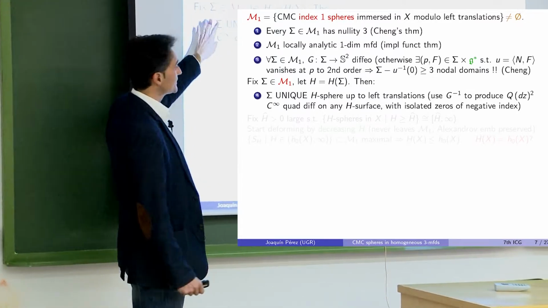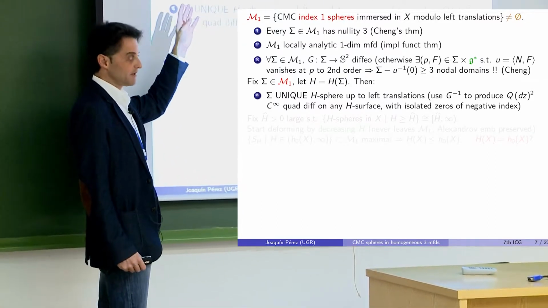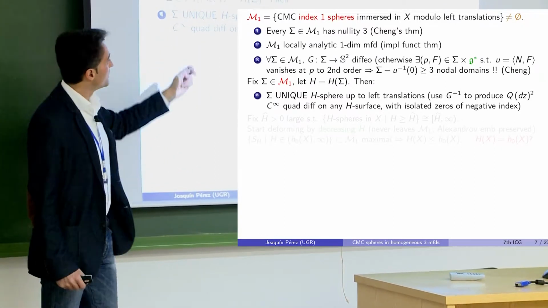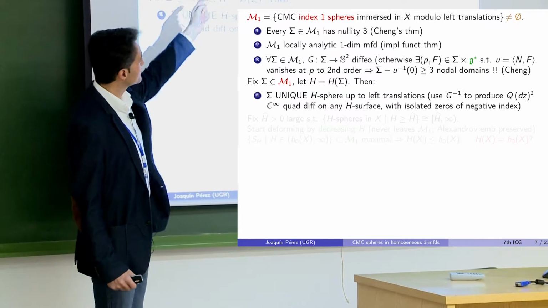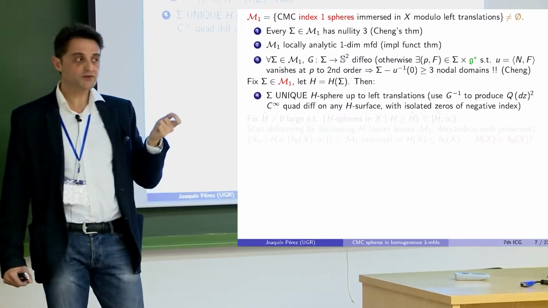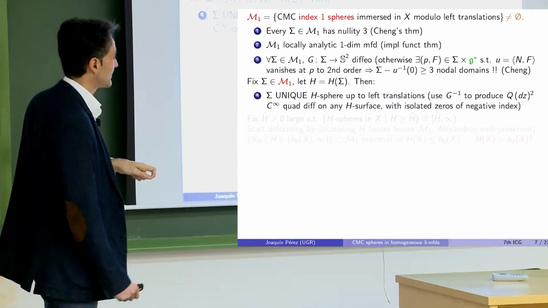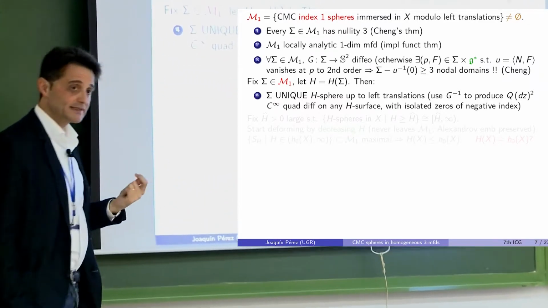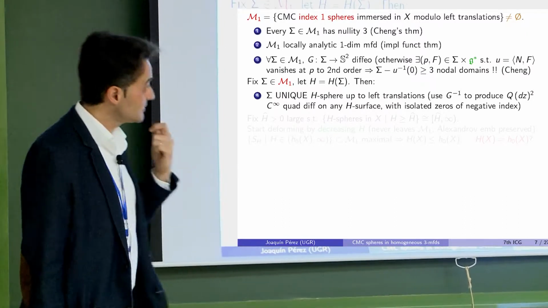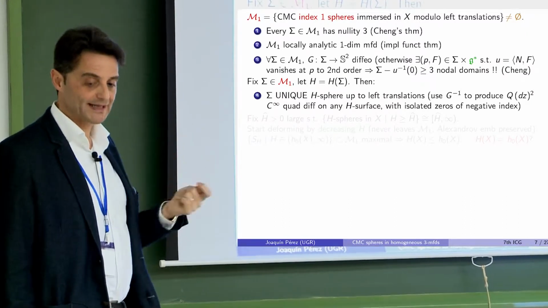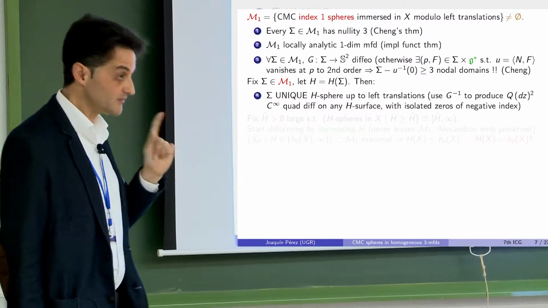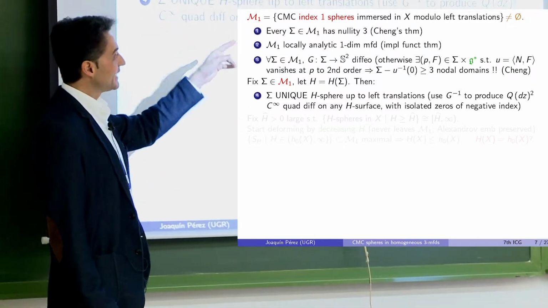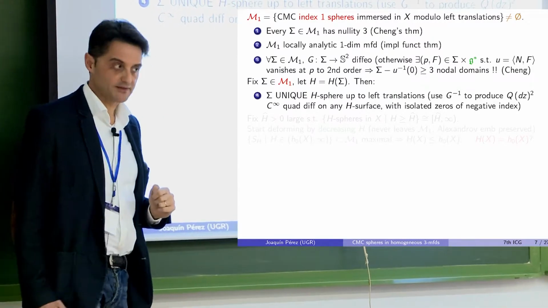Why? This is where we use the ideas in Benoit Daniel and Pablo Mira and also Bill Meeks. Because with the fact that the Gauss map is a diffeo, you can use the inverse map of this left invariant Gauss map. You can use G inverse to produce an object which is a non-holomorphic but smooth quadratic differential. Okay? It's not holomorphic, but still it has isolated zeros of negative index.